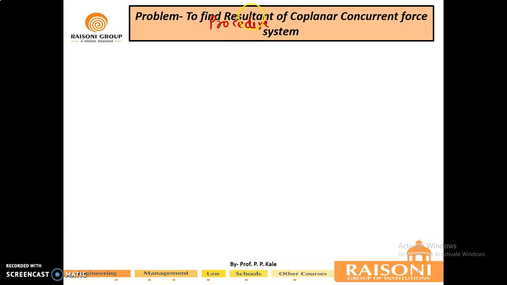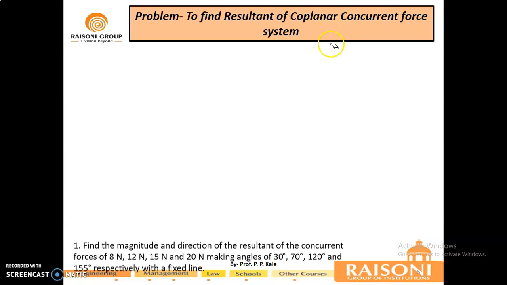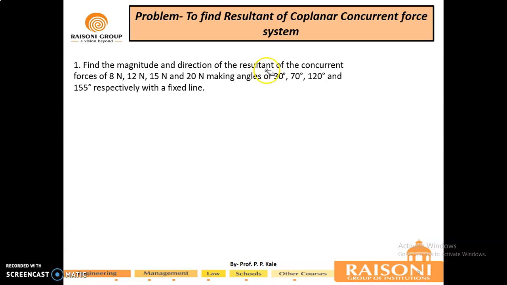So we will see one problem and discuss the procedure in that problem. For finding out the resultant of a coplanar concurrent force system, we will consider this question.